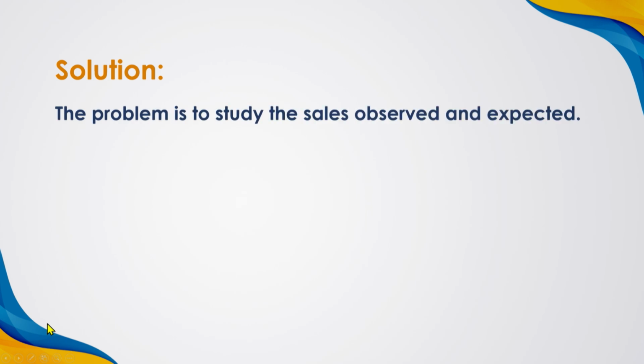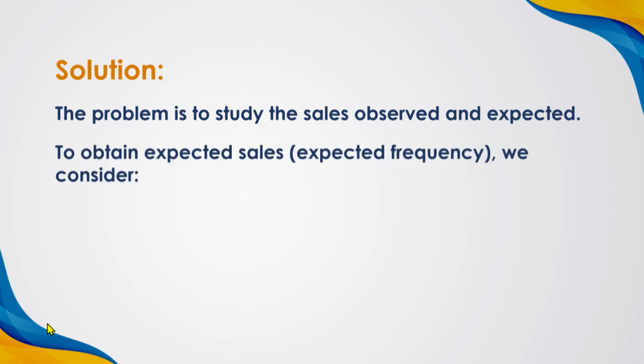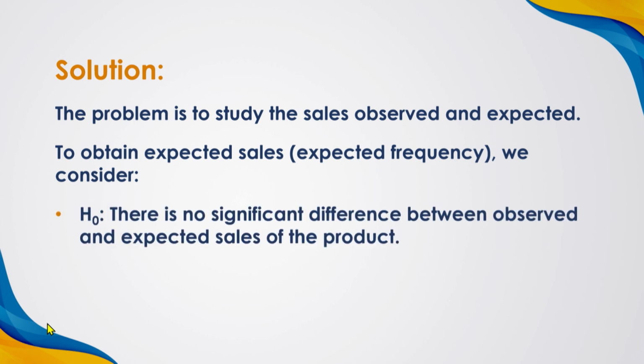Now coming to the solution, how you can work on this. The problem is to study the sales, observed and expected. To obtain the expected sales, that is your expected frequency, we consider H naught, the null hypothesis, as: there is no significant difference between observed and expected sales of the product.